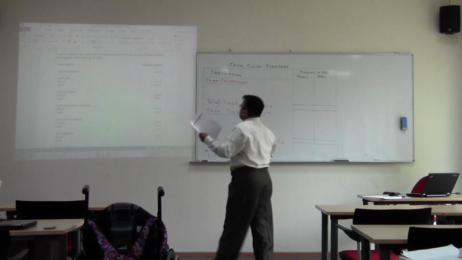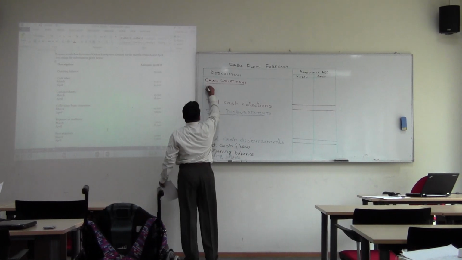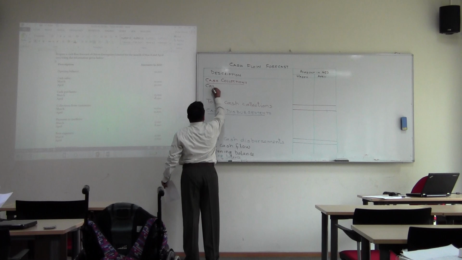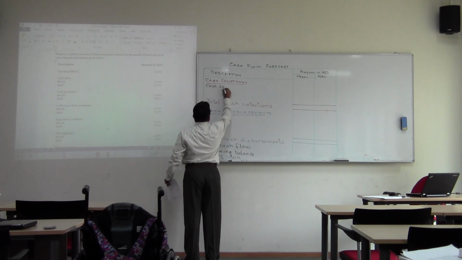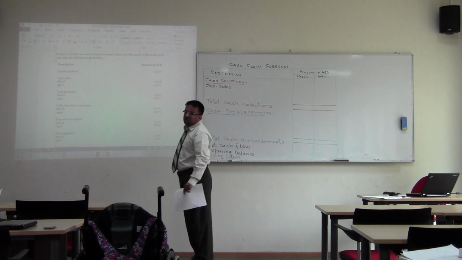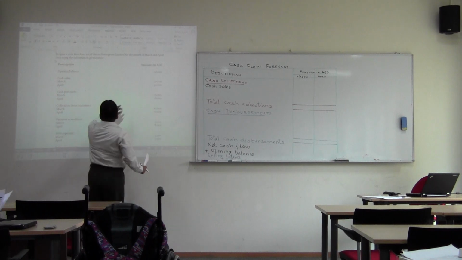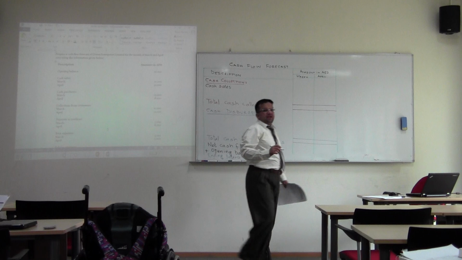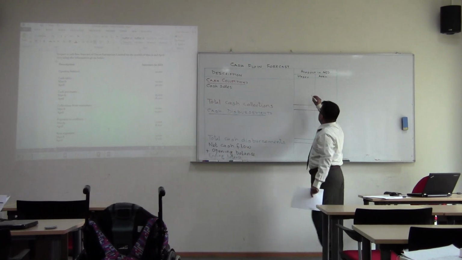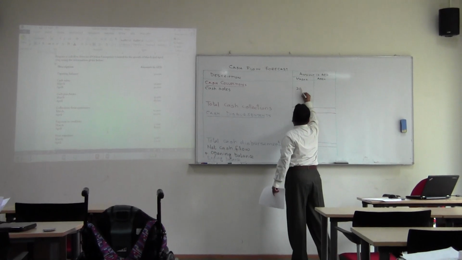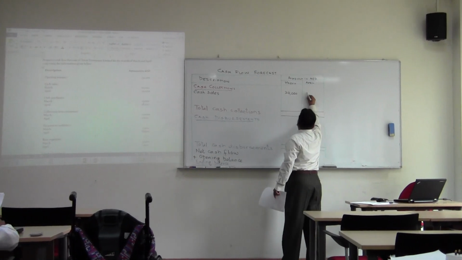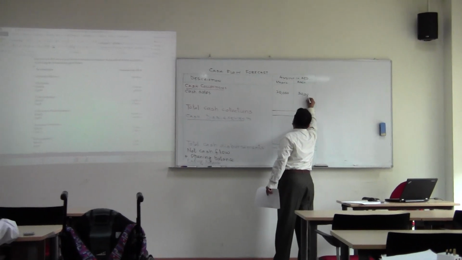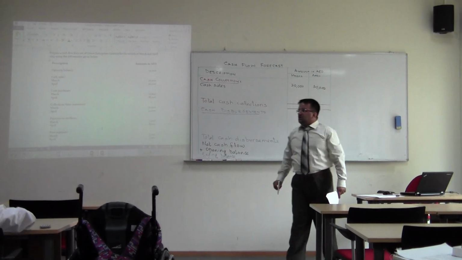So we will write it here. Just the placement we have to do. Our cash sales is for March 20,000 and April 30,000. So in the March column we will write 20,000 and April 30,000.